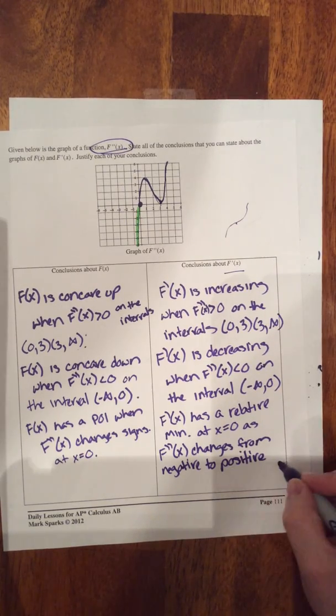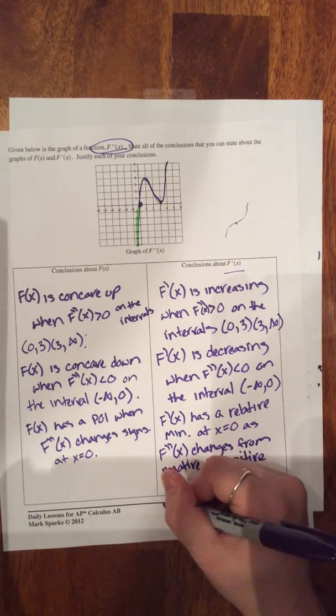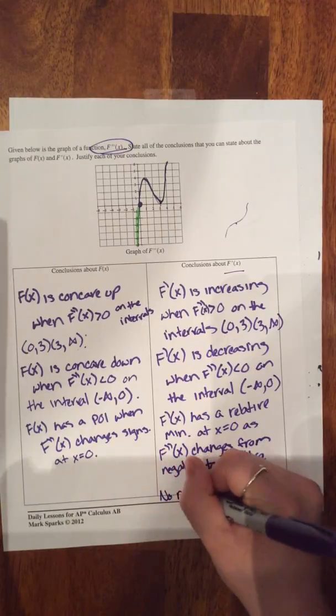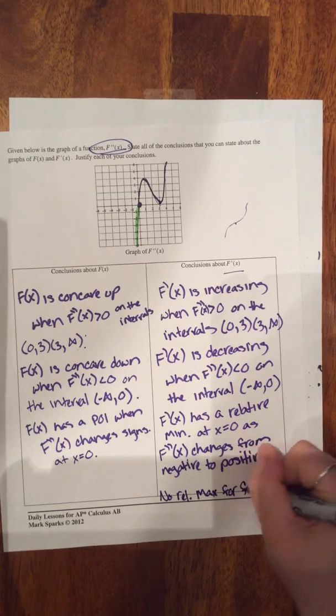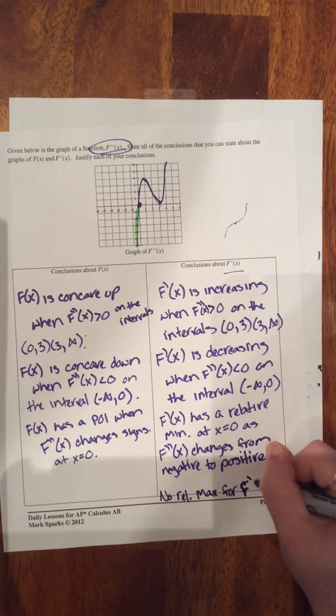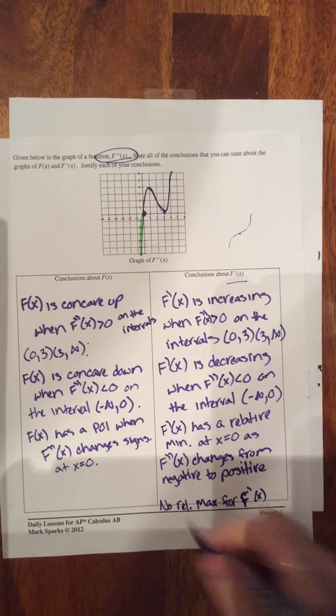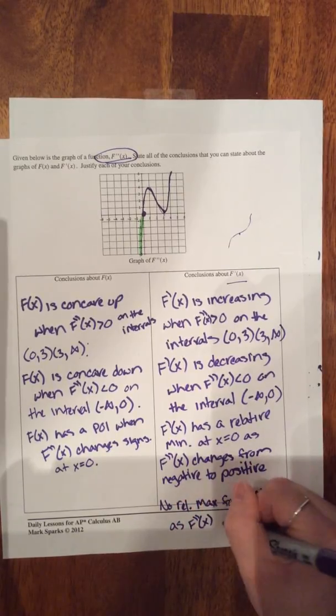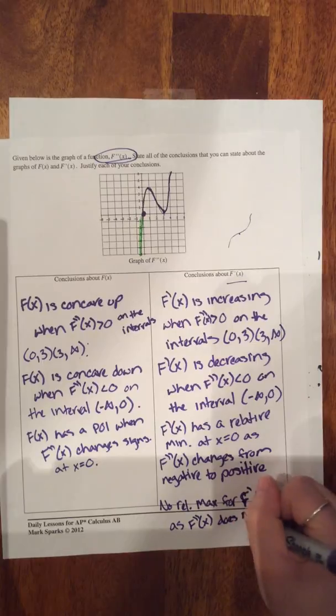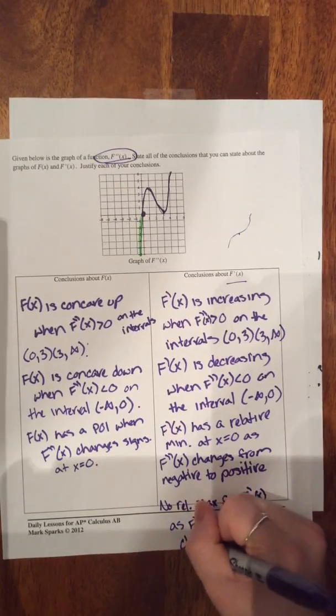So I'm just saying f prime changes from positive to negative, and there's no relative max for f prime, as f double prime of x does not change from positive to negative.